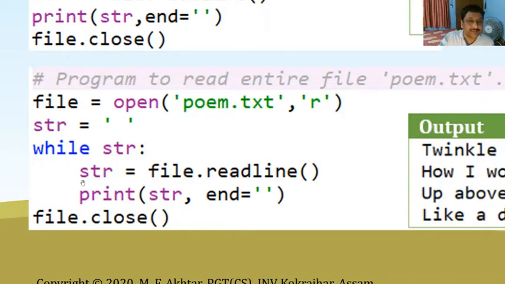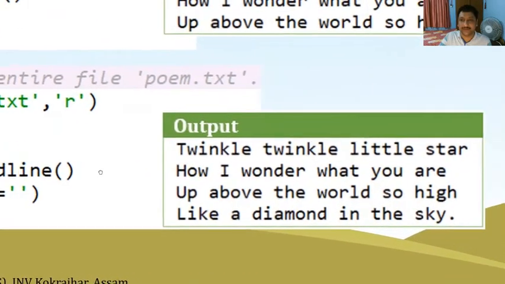It will keep reading till characters are available in the file, reading one line at a time and displaying it, reading one line and displaying, like this. The while loop will be executed till the end of the file. Then we have given the close function after reading the file. The output is the same.